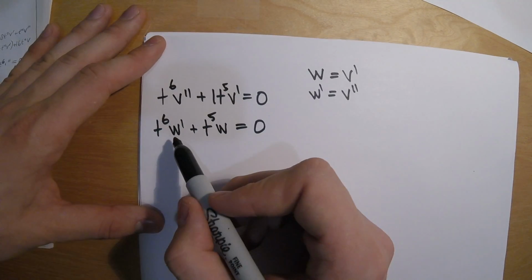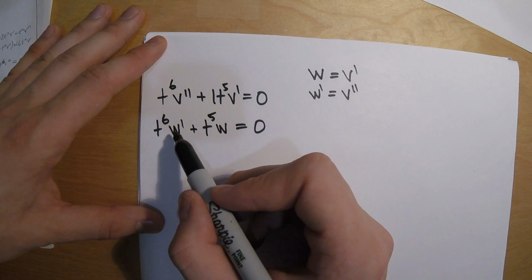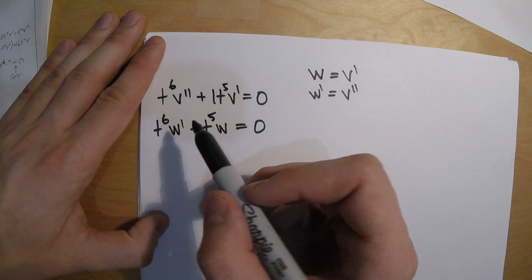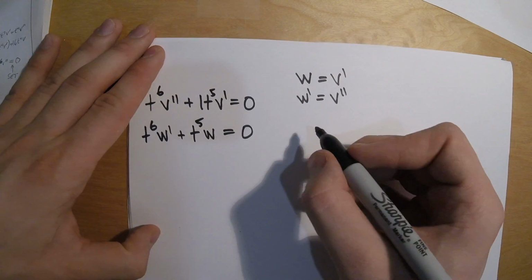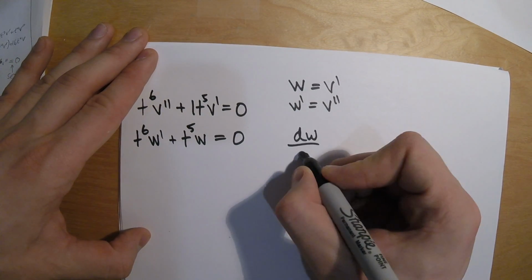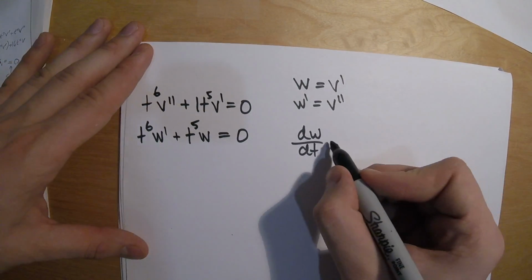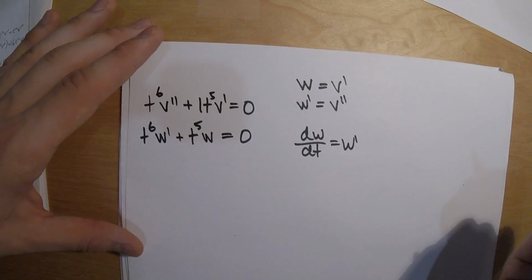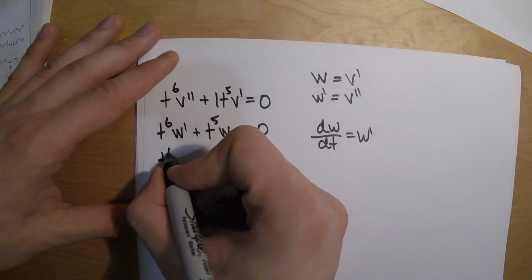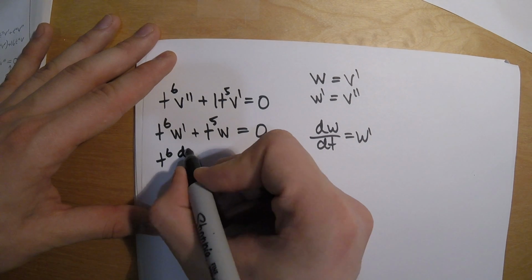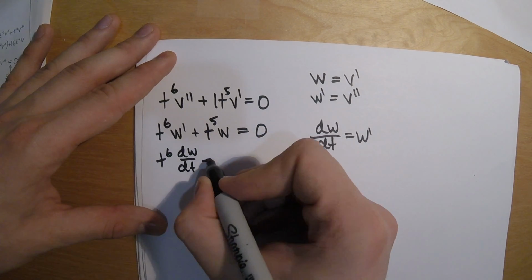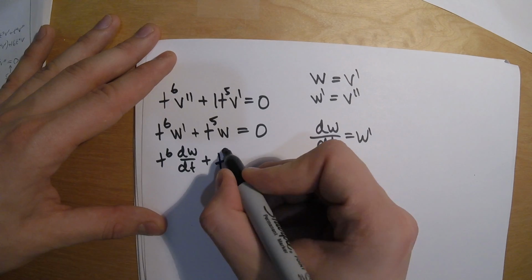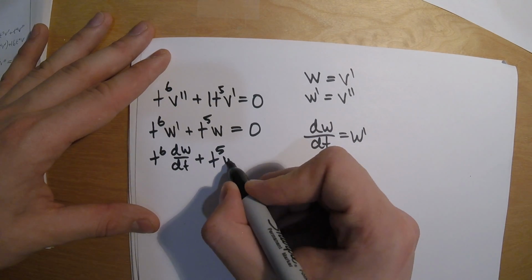Now, what exactly is w prime? w prime is actually dw over dt, right? That's what w prime is. So t to the 6th, I'm going to write this dw over dt plus t to the 5th times w equals 0.